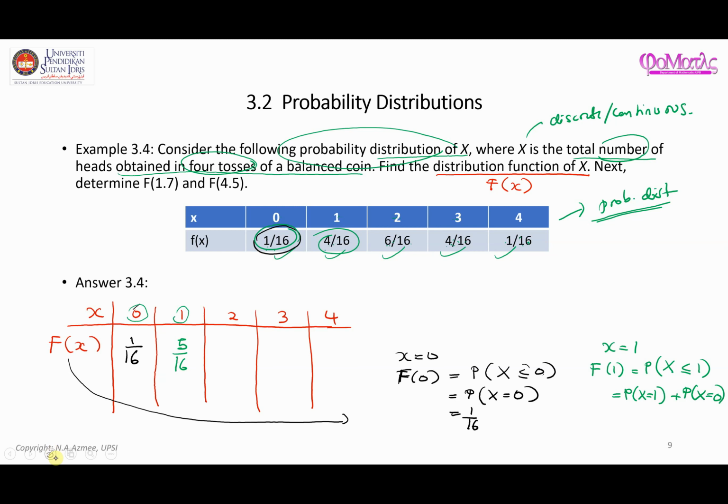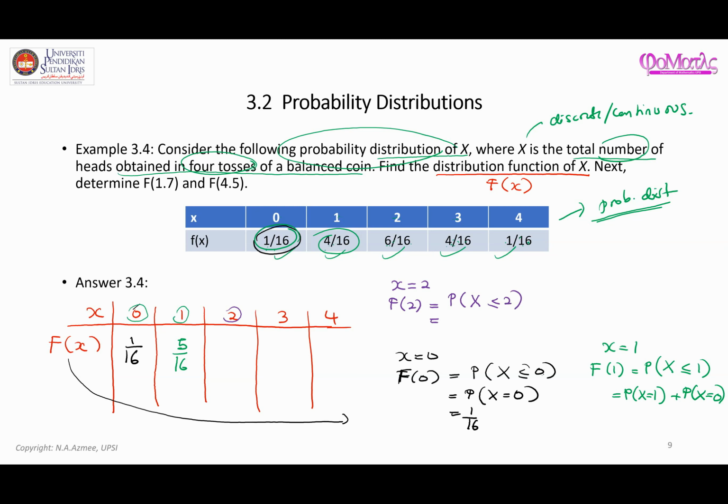Okay. Now for x equals 2, we are looking for this value, big F2. This essentially means the probability of random variable x taking the value less than or equal to 2.